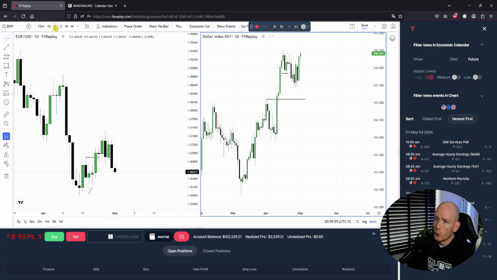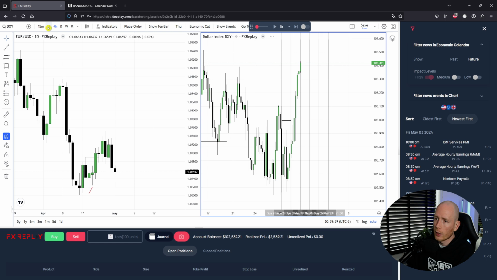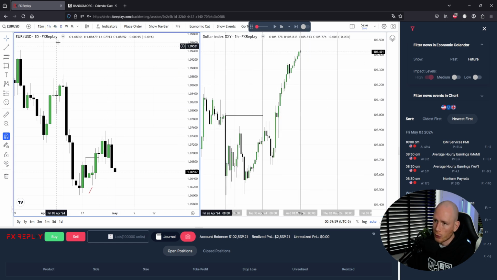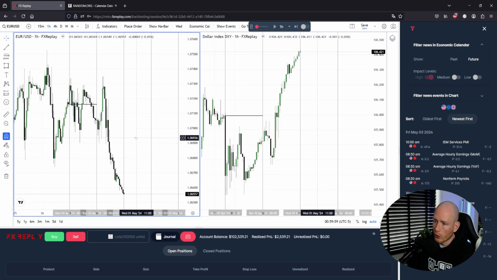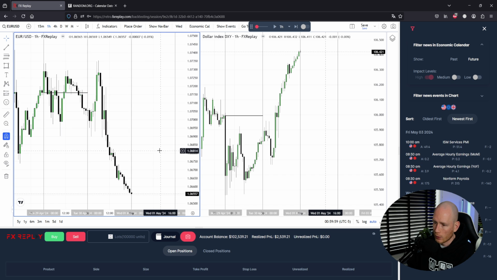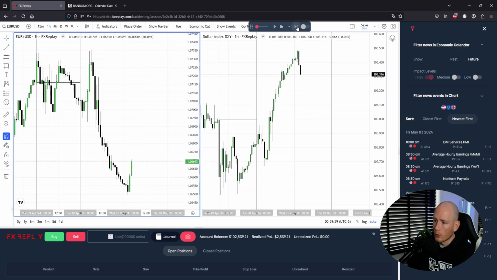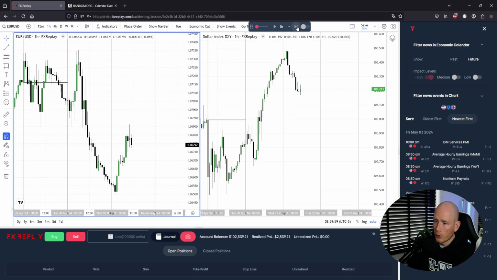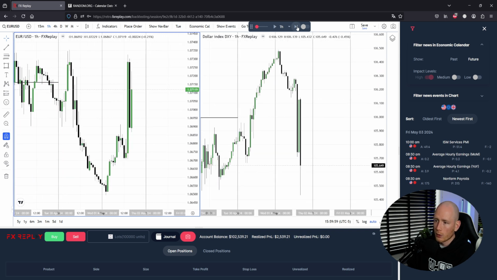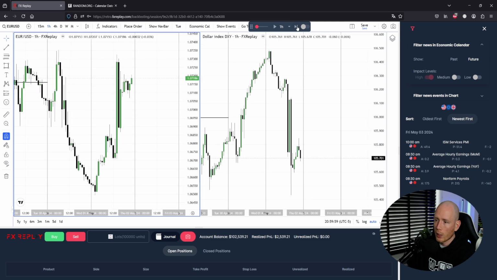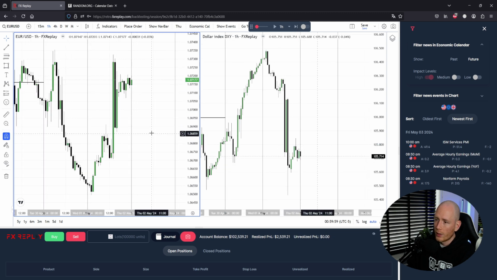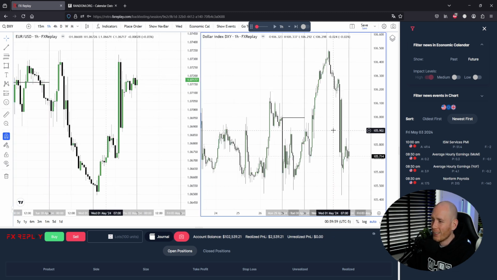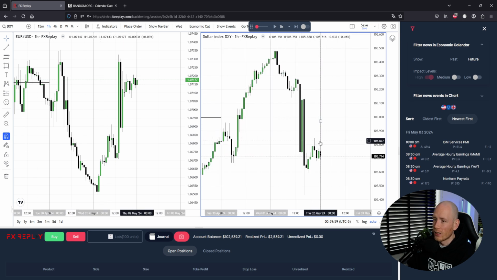So what we want to do is try to find an entry after news release, because we can look for an entry right now, but the federal funds rate release is a very high impact news release. So we're just going to skip and going to see what it does later in the day. That's over here. So a good skip, right? Because it looks absolutely horrible to trade. Yeah, this looks very nasty.